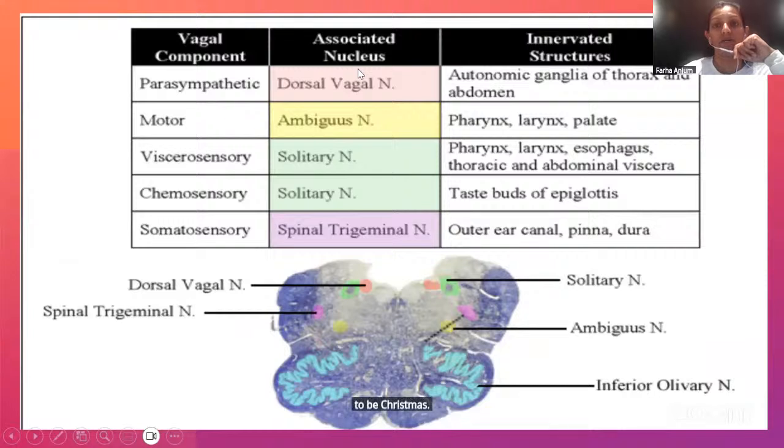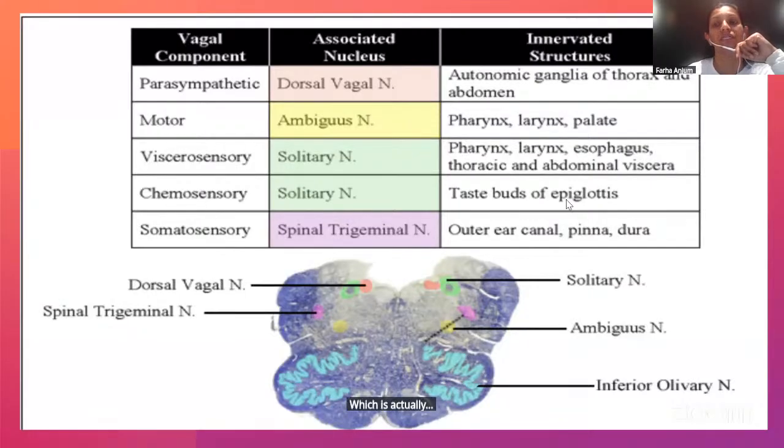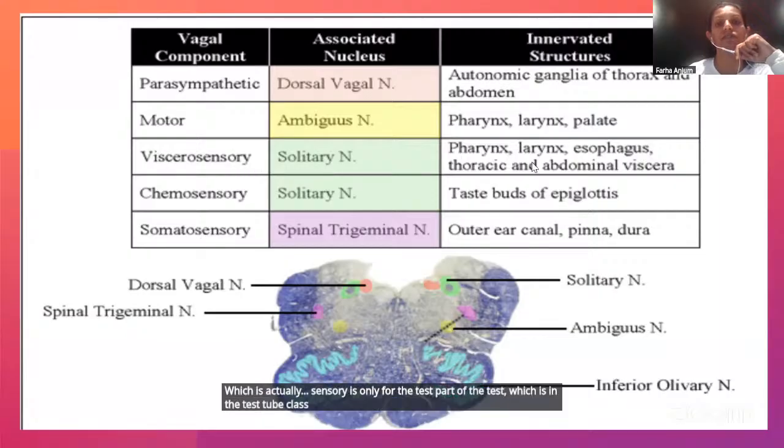Here I also find it very interesting to present this. It is sensory and chemosensory, where chemosensory is only for the taste part of the epiglottis, in the posterior part, and the viscerosensory is the larynx, thoracic, and abdominal viscera.